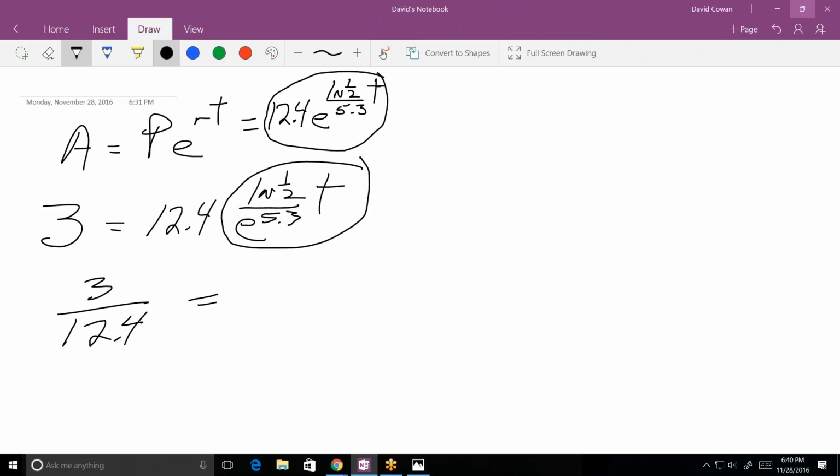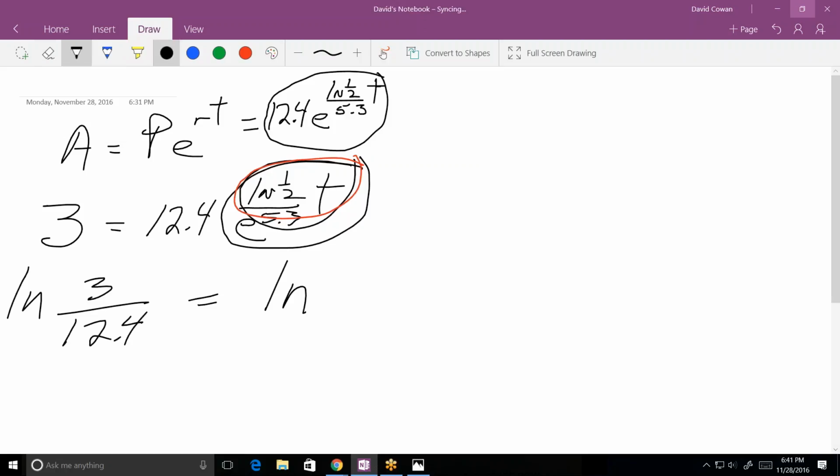What's the next step going to be? Take the natural log of both sides. So I'm going to take the natural log of all of that. What does the right side become? Just the exponent. Let me be clearer and write it all out.